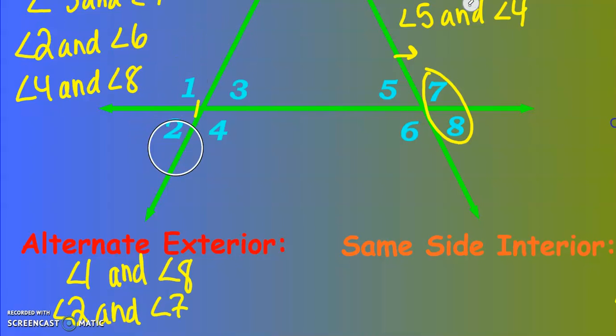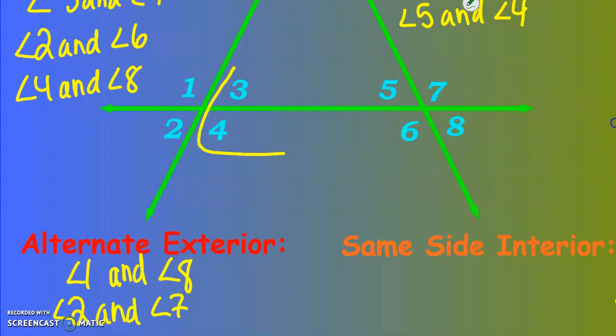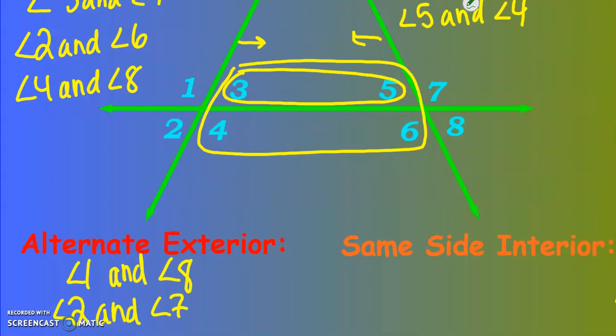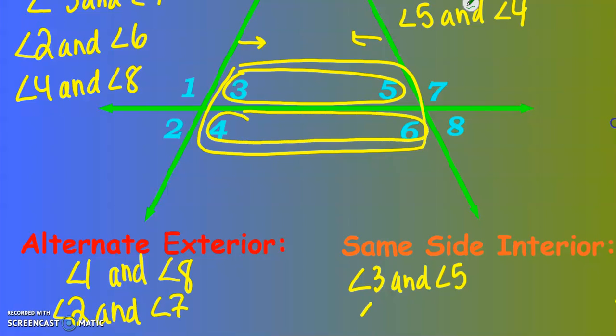So I'm going to erase those and we're going to talk about same side interior. So these are my interior or my inside angles because they're inside the two lines. So on the same side we have angle 3 and angle 5. And then another pair of same side interior angles are angle 4 and angle 6.